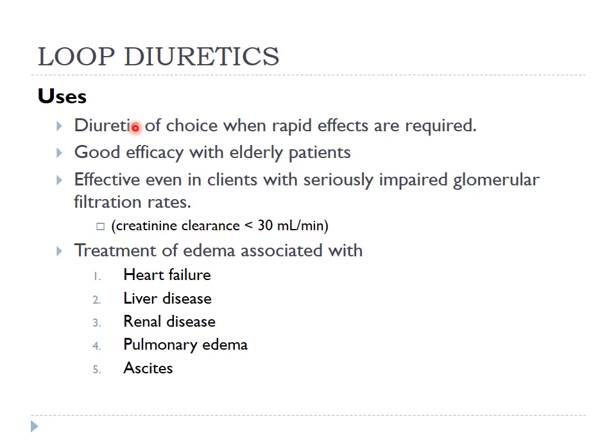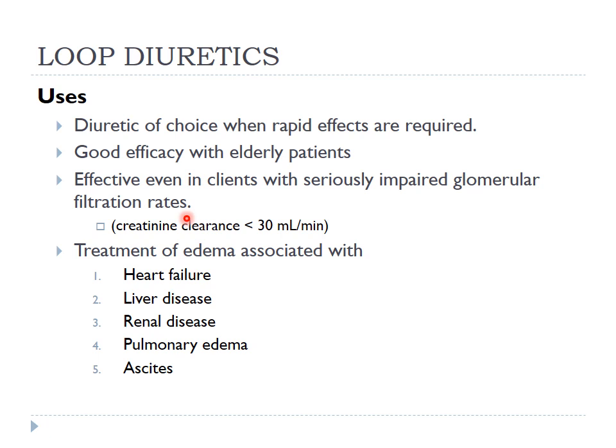Uses: choice of drug when we want rapid diuresis to occur. It's good with elderly patients. It works well on them. It's effective in patients with severely impaired glomerular filtration rate. So here are the two big things right away. The thiazides, long-term therapy: low and slow is the way to go.